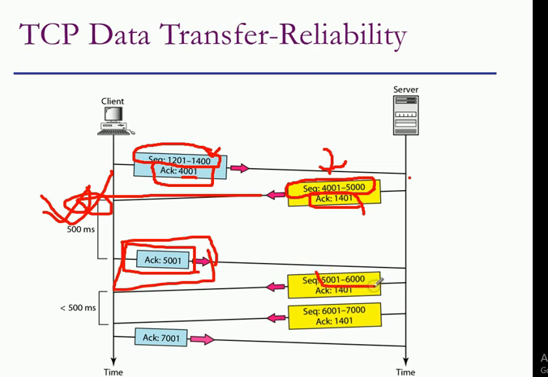So I'm sending 5000 to 6000, 6000 to 7000, but my acknowledgement is not changing. It is still 1401. Why? Because I have not received anything since 1400 was sent. So after that, this remains unchanged. So it's not necessary that there should always be give and take. It could be only giving, it could be taking, and it could be giving and taking.